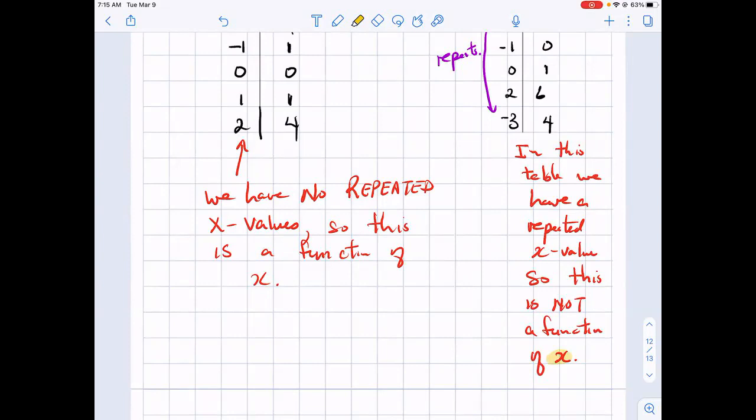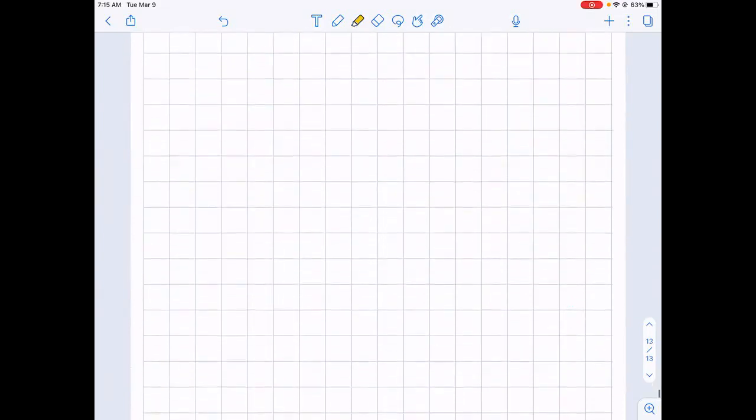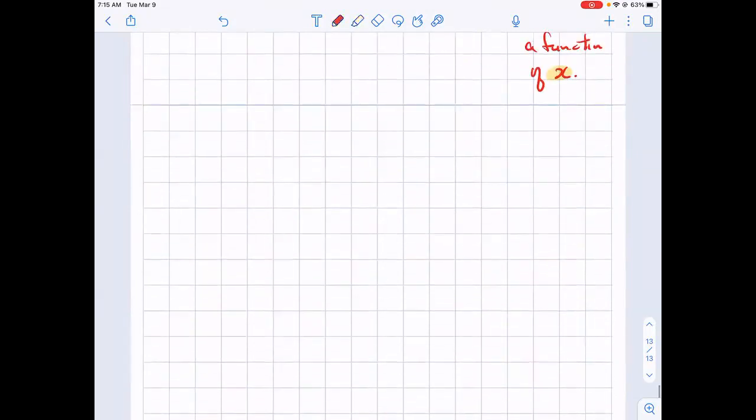Okay. So now let's look at when a function increases and when a function decreases. Okay. We want to look at increasing and decreasing functions.